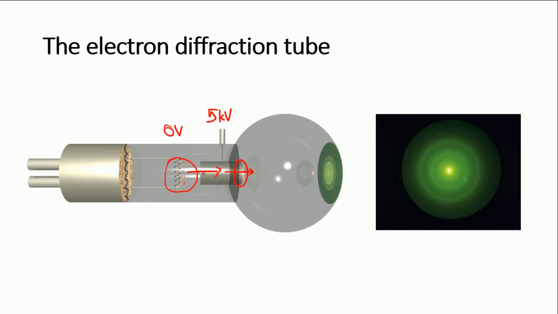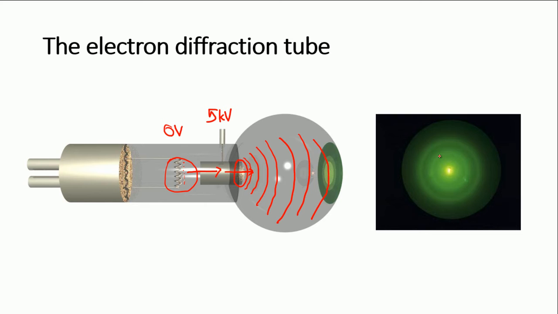Up until this point, they're behaving like little charged particles, accelerating up the tube, attracted to the positive potential, and then here they suddenly start behaving as waves, and they start to diffract through the crystal, through the graphite, and they spread out as they come along, behaving just like waves, and then they hit the screen at the end. And when they do so, you get a pattern that looks like this.